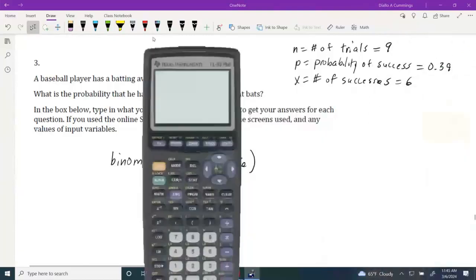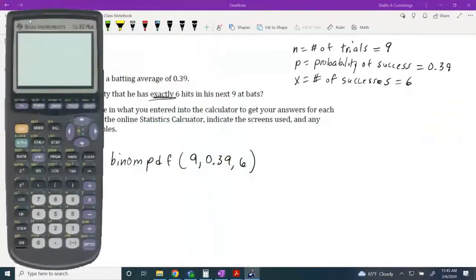So this is what we're going to put into the calculator. We pulled out n, we pulled out p, we pulled out x. Since we're finding the exact number of 6, we're going to use a PDF. So I'm going to recall the binomial PDF. I'm going to hit second, variables, which brings up the distribution. I'm going to scroll down to the binomial PDF function.